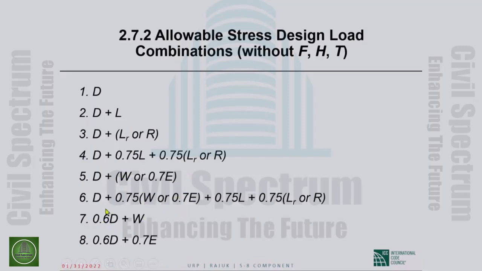Then this is counteractive, dead load counteracting wind and dead load counteracting earthquake. Remember, the load factor on E is 0.7. Okay, so these are the ASD load combinations.